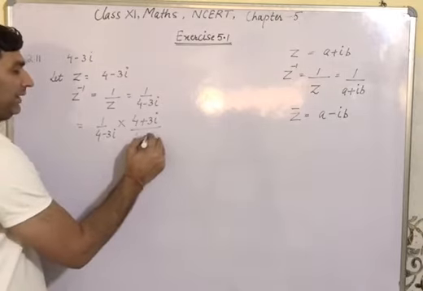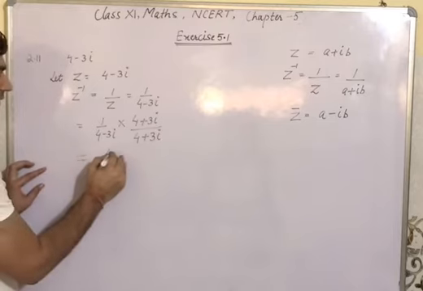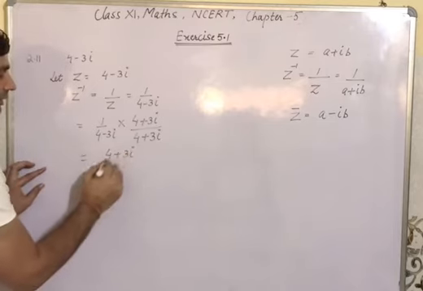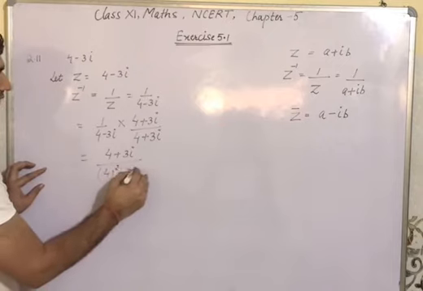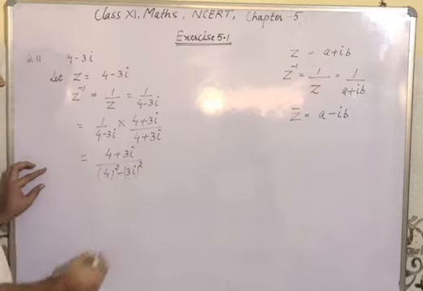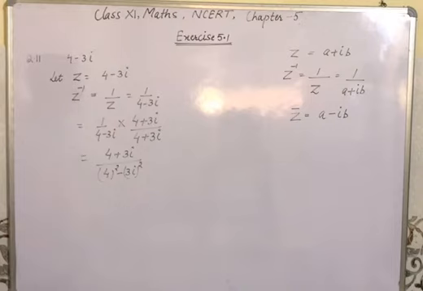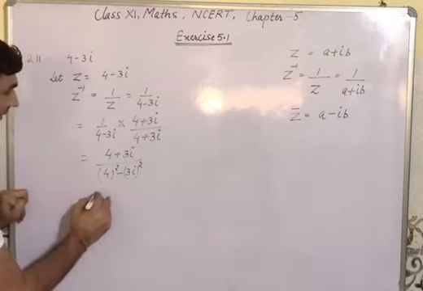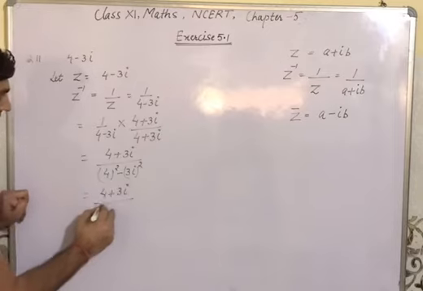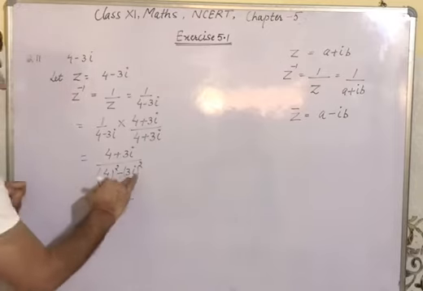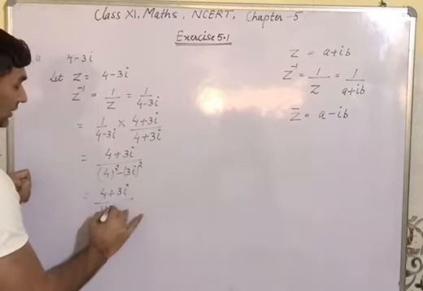So (4 + 3i) over (4 + 3i), and then the denominator is 4 square minus (3i) square. Using the formula a square minus b square, we get (4 + 3i) upon 16, and 3 square is 9 and i square is −1, so this is plus 9.